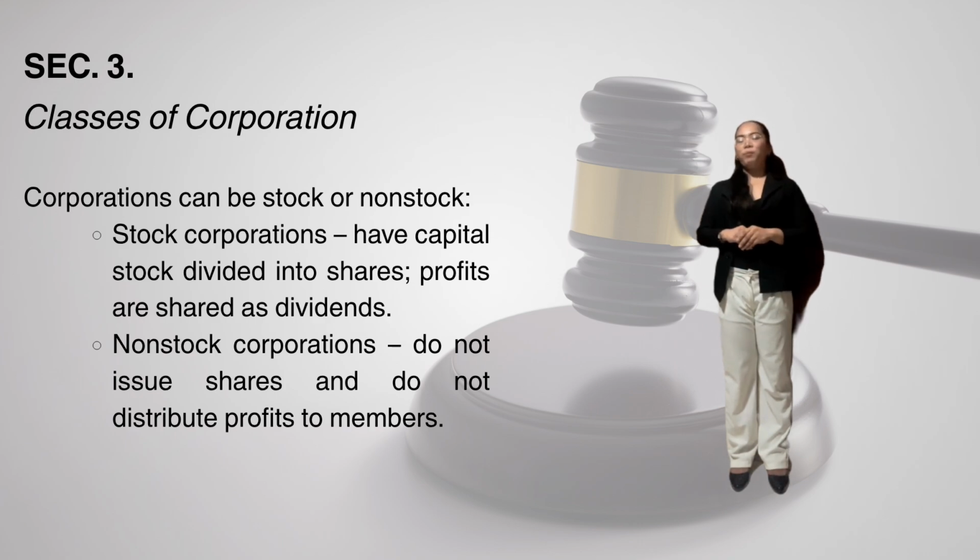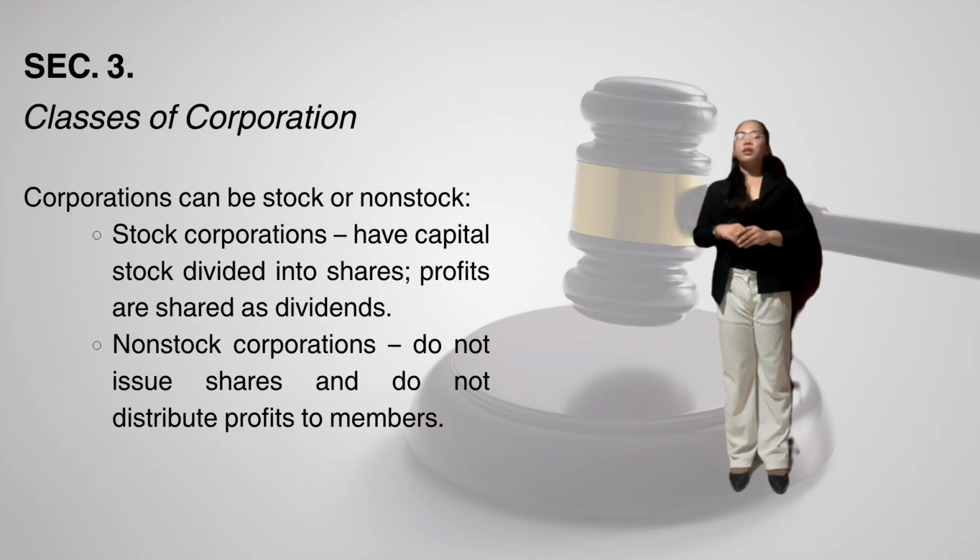A stock corporation has a capital divided into shares. People who invest in it are called shareholders or stockholders. They can receive dividends, which are portions of the company's profit. As an example of a stock corporation, Jollibee Foods Corporation is a Philippine-based stock corporation because it issues shares of stock to its owners or shareholders.